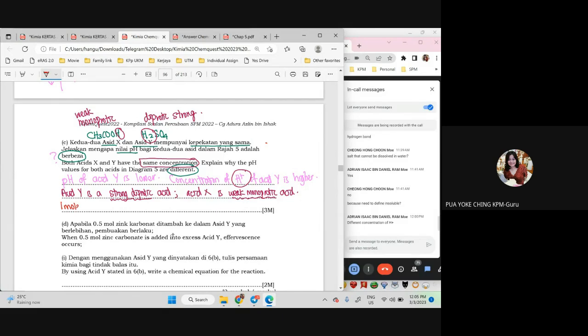So I will answer like this. 1 mole acid Y ionize completely to produce 2 mole of hydrogen ion. And then 1 mole acid X ionize partially to produce.